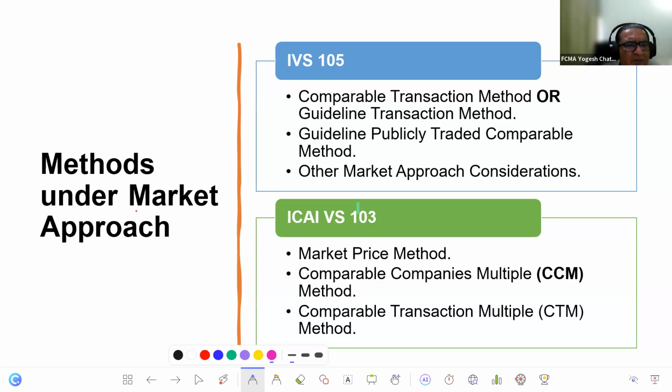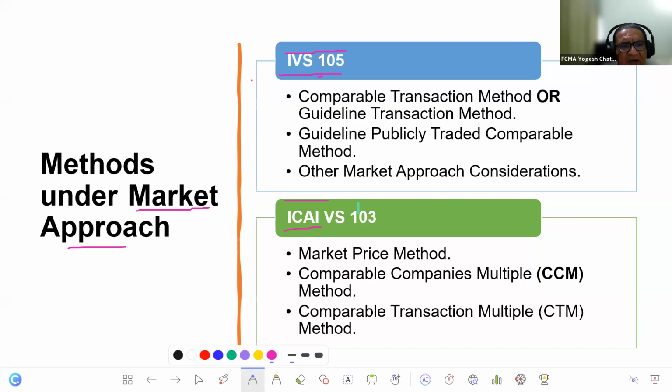If we talk about the market approach, I have highlighted the different methods both under the international valuation standard and under the ICAI valuation standard. As we all are aware, in India, the Institute of Chartered Accountants of India has published its own valuation standard.